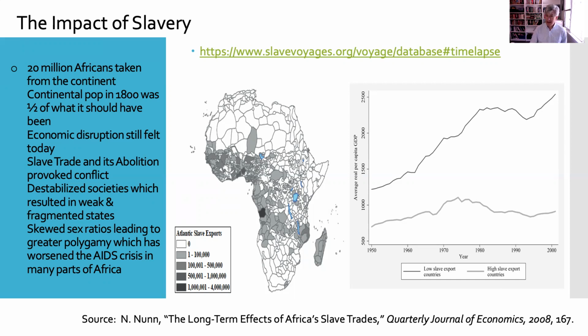It created destabilized societies and resulted in weak and fragmented states, which then made them ripe for that scramble for Africa in the late 19th century and the kind of colonial domination by others until the 1950s. But it even exists down to today when we think of the civil and other conflicts that have gone on in Africa between and within groups.